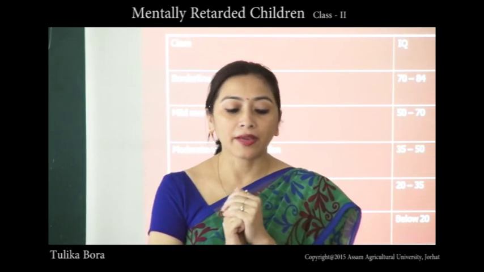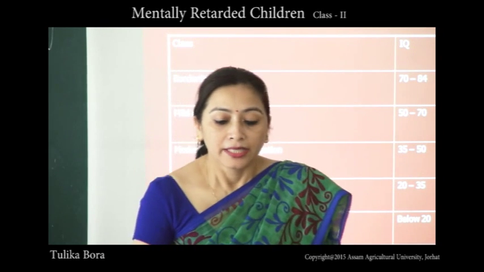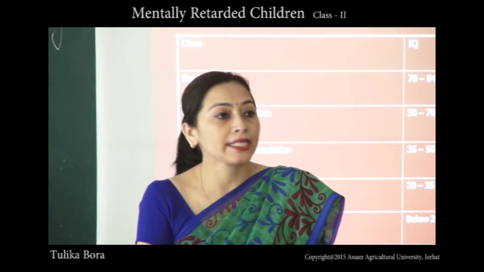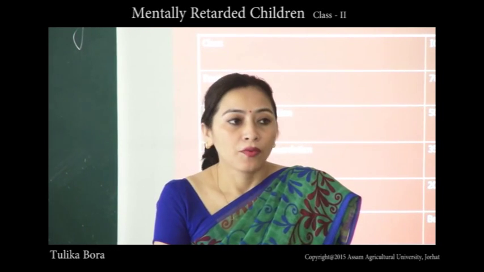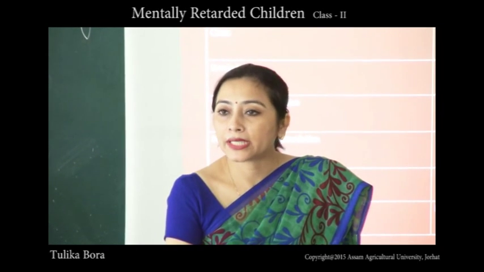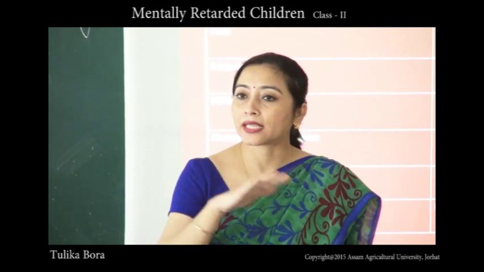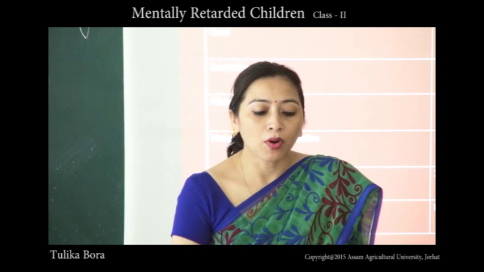Then for psychological classification, this is on the basis of intelligence tests. Different intelligence tests are there, Stanford-Binet intelligence test, then Wechsler's test. By administering those tests we can find out their mental age and classify them accordingly. This is the borderline.